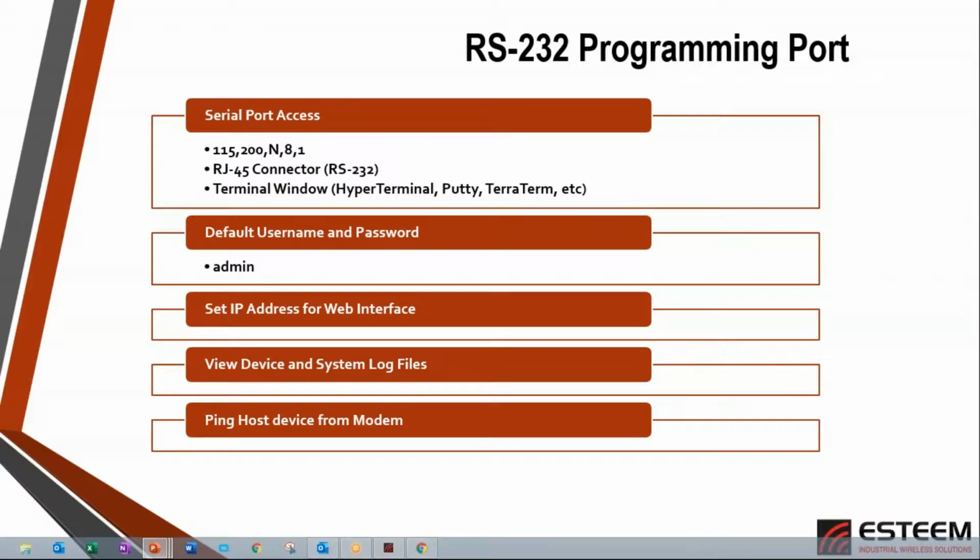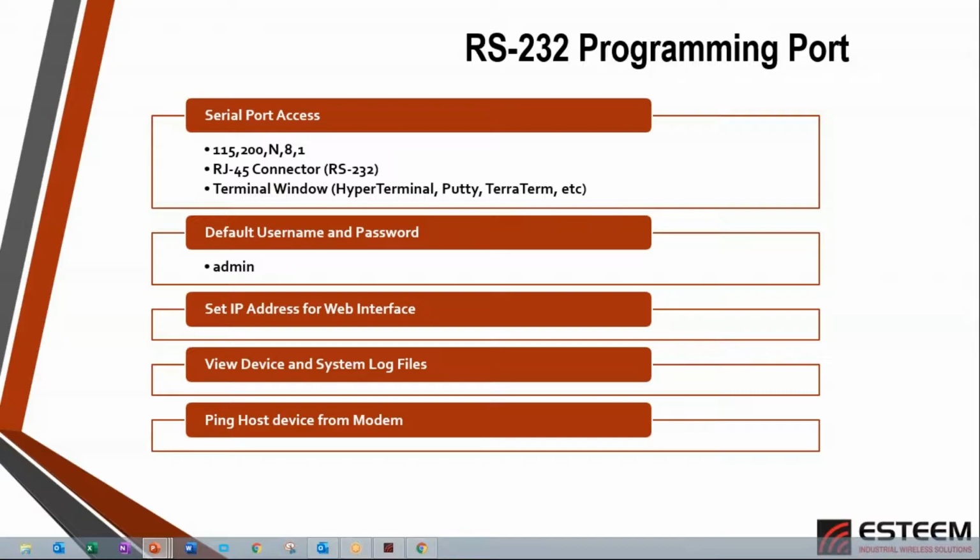In a condition like this, the only way to really get back into the radio is to go through what we call the RS-232 programming port. It is always a fallback port because it does not allow you to do all the features that you can do inside of a normal interface port, but it will get you back to a working state.